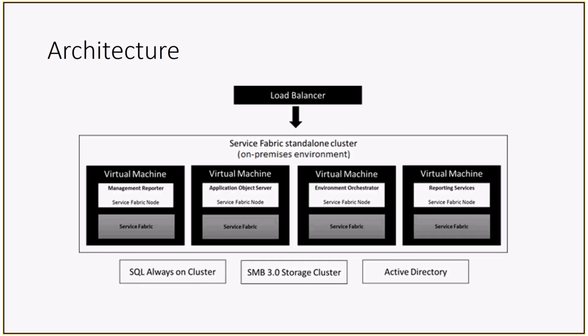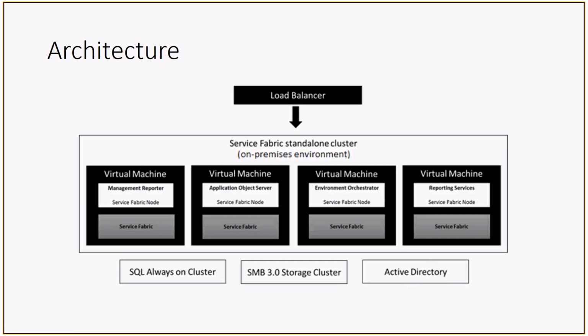So there is an agent share, which keeps the temporary files for installation. And then there is another share which will keep the attachments that you attach in AX. So that's why you need a storage cluster. And then you will have your Active Directory and ADFS infrastructure for doing the local authentication in your on-premises environment.